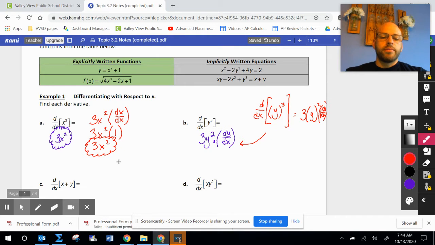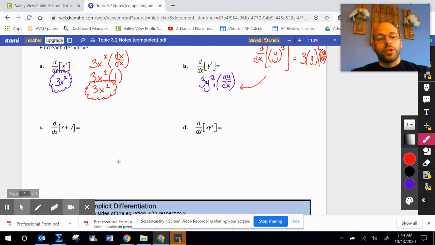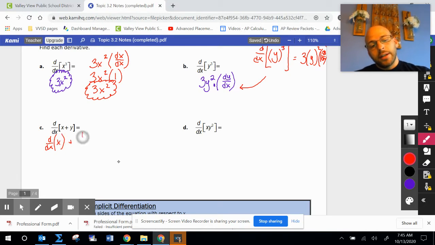So let's do a few more, just so you can see how it works. For part C, we have the sum or difference rule, which means I can write this by taking the derivative of x plus the derivative of y. Notice I put d over dx, as if I distributed it onto the inside.